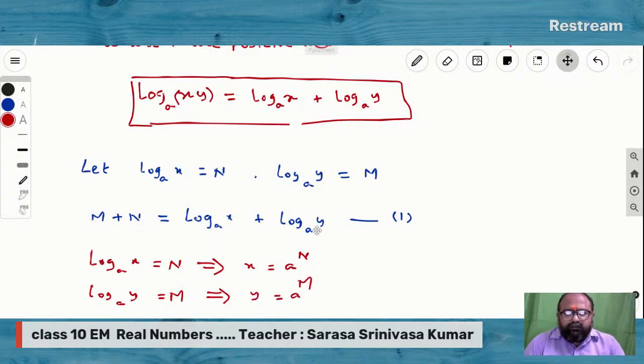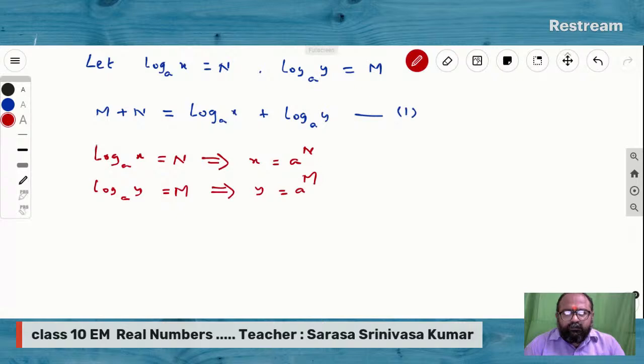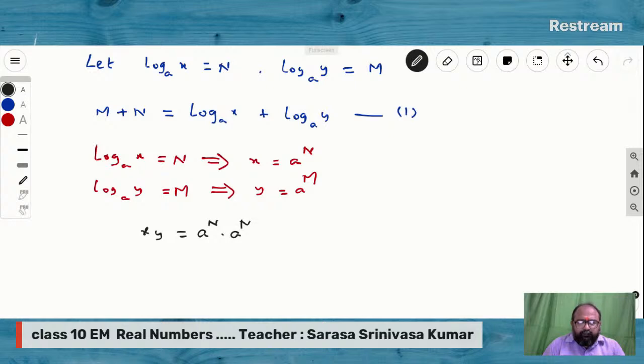So we can write this from the definition of logarithm. Now we find the product xy. xy equal to a power n multiplied by a power m. So this is equal to a power n plus m.